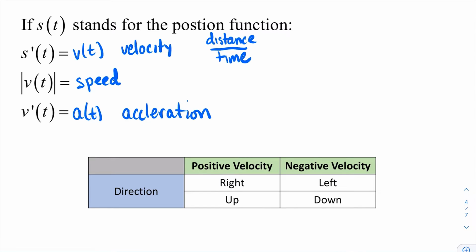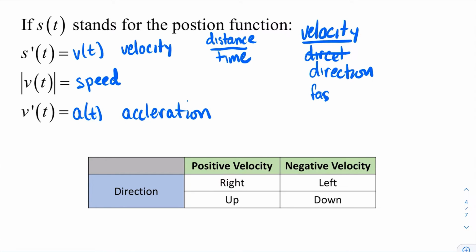And so if you have a positive velocity, because velocity, remember, gives you a direction and it gives you how fast you're going. So velocity gives you a direction. I can't spell the word direction. And then how fast I'm going, which again is a fancy way of saying speed.